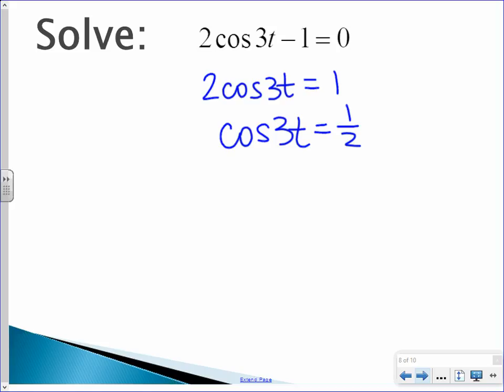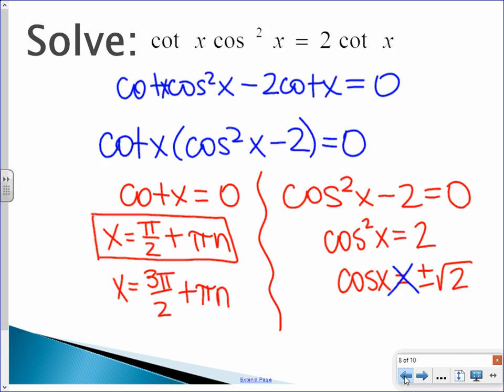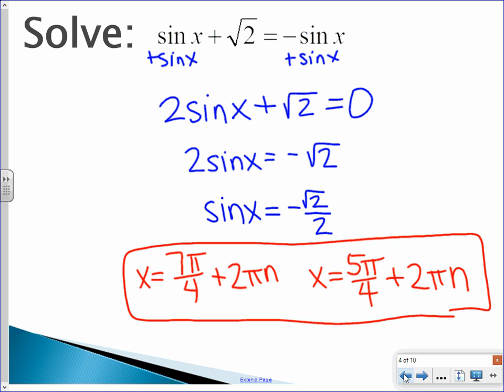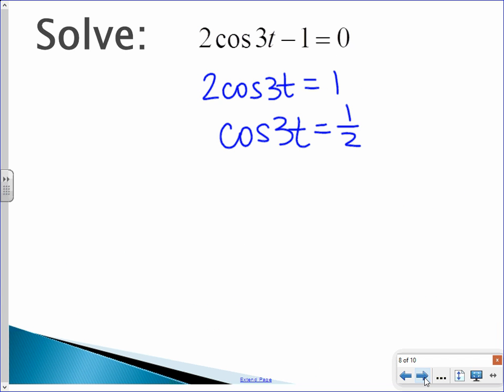You can only divide by numbers that are being multiplied to the function, and that is not the case. Instead, when we were over here, we said sine of x equals this, and so then we named the angles that x can be. We're going to do that same thing over here. All right?